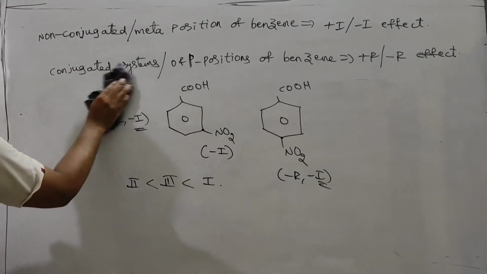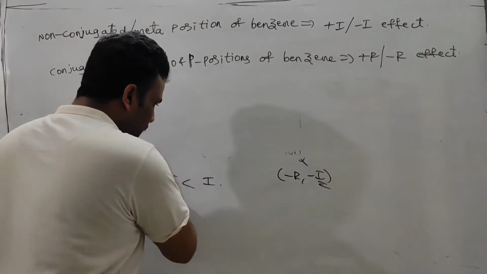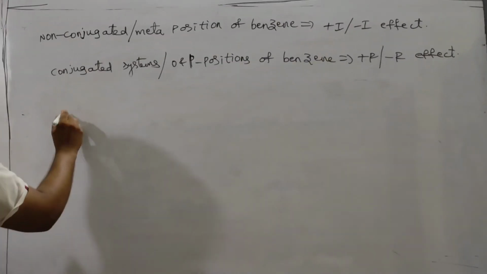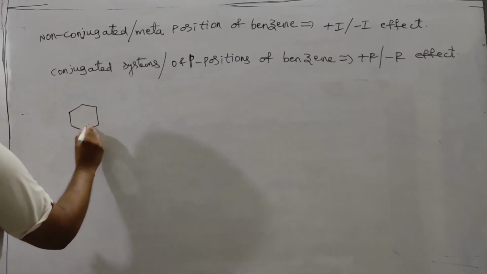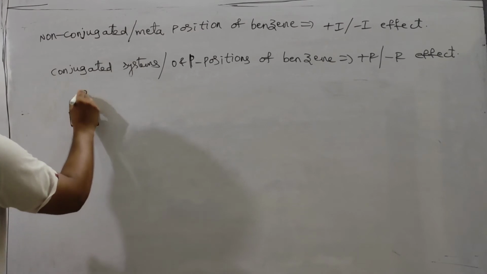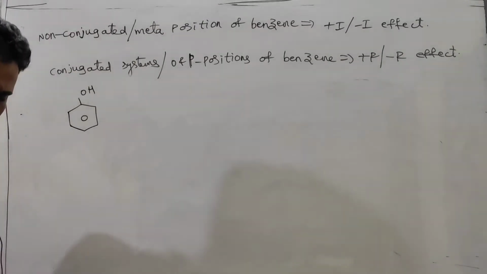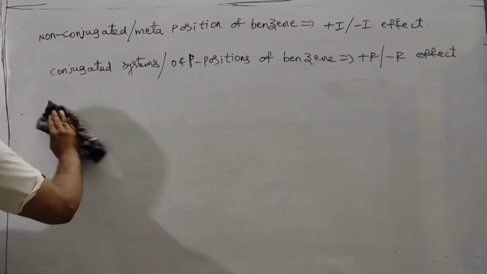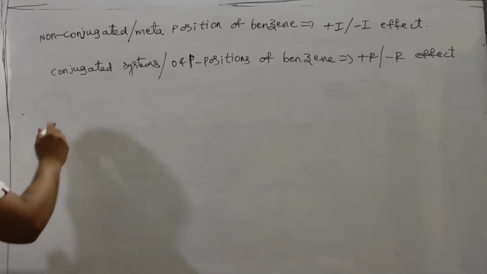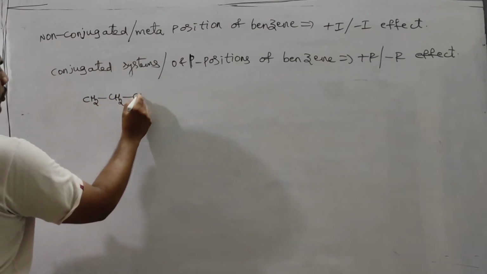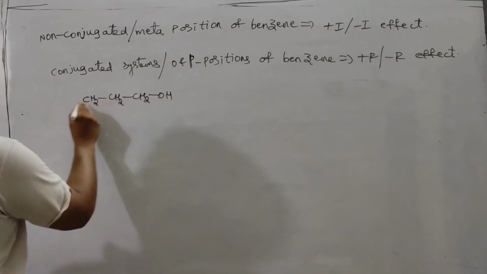I am going to take one more example of acidic strength. We have phenol, some derivatives of phenol like this. Phenol, alcohol, already I have taken one aromatic compound example. So I am going to take alcohols, or carboxylic acid, anyone you can take.